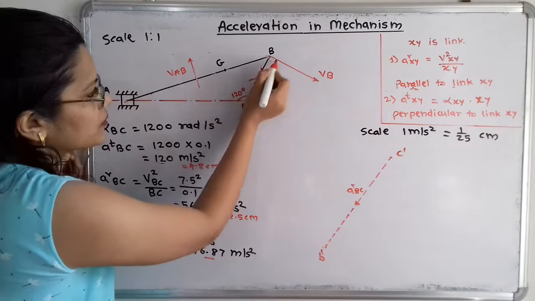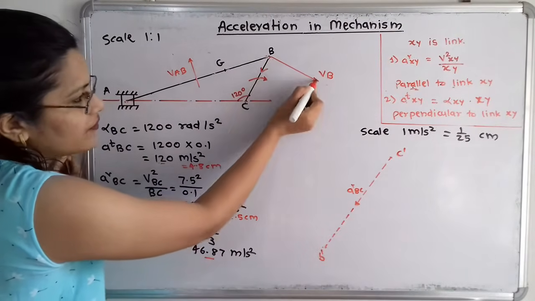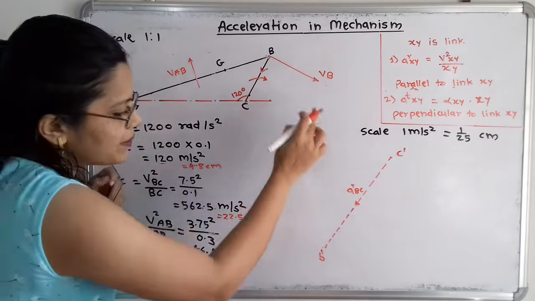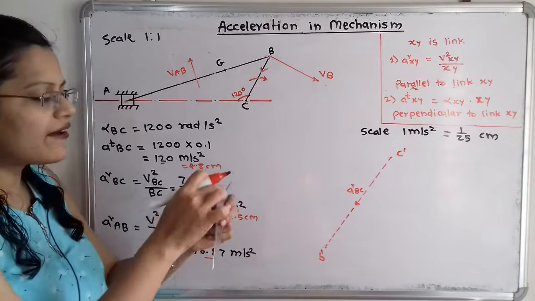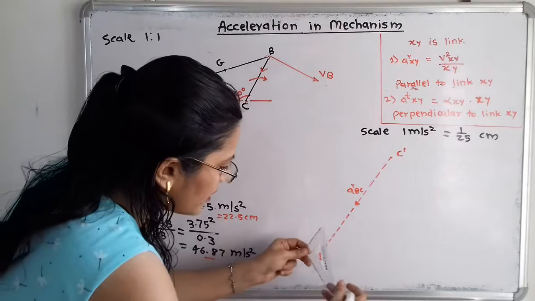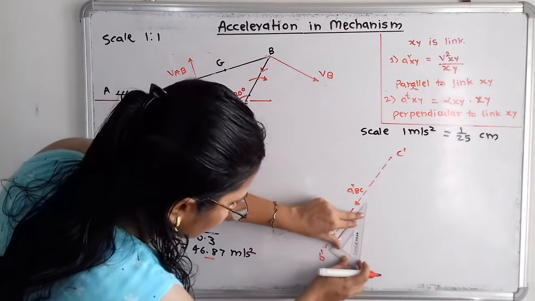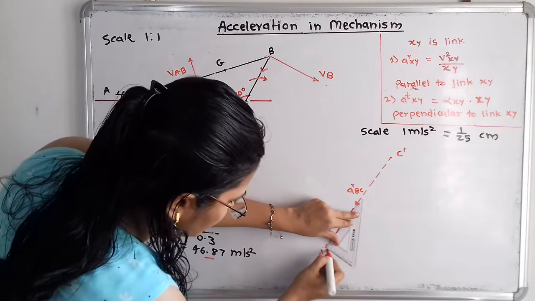So if we observe, here is the direction, that is the downward direction for this velocity for this BC. So in the same direction we have to draw here the tangential component. So I will align one edge with this C dash B dash and the other edge, I will draw here the tangential component. That is the line perpendicular to this link passing through this point B dash.